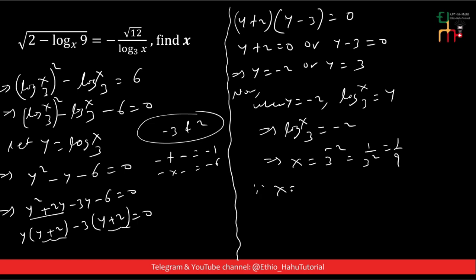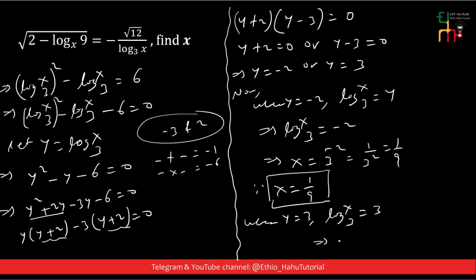Therefore, x is equal to 1 over 9. When y is equal to 3, logarithm of x to the base 3 is equal to 3, and this implies x is equal to 3 to the power of 3, which is equal to 27. Therefore, x is equal to 27.